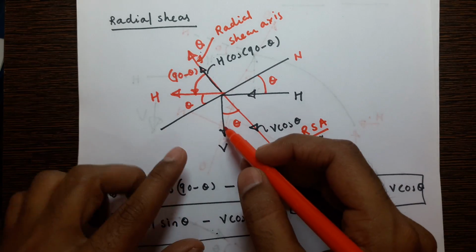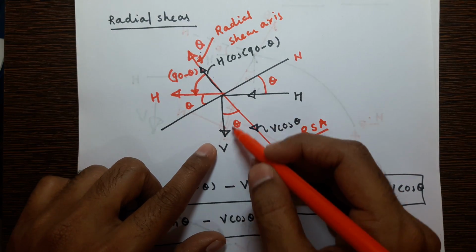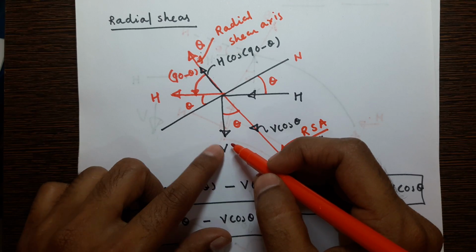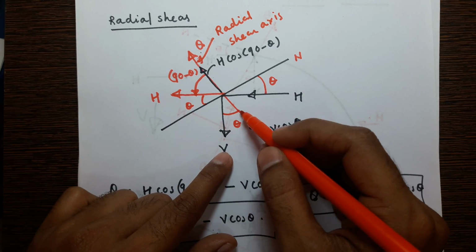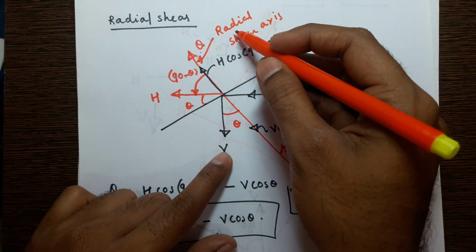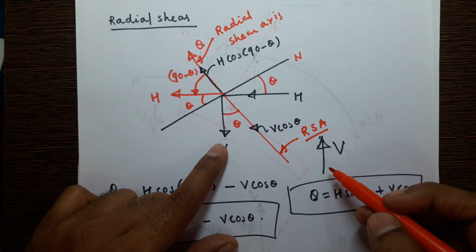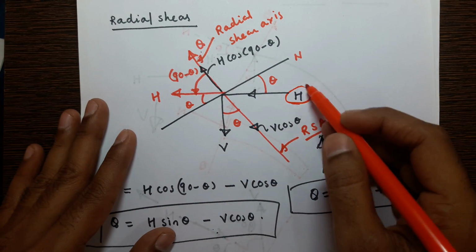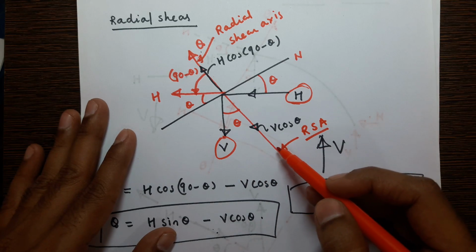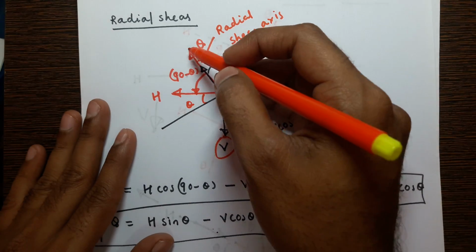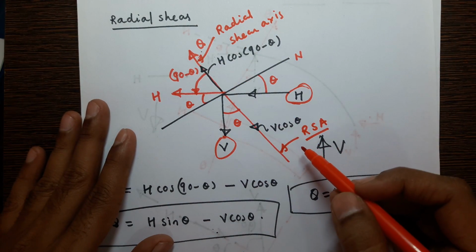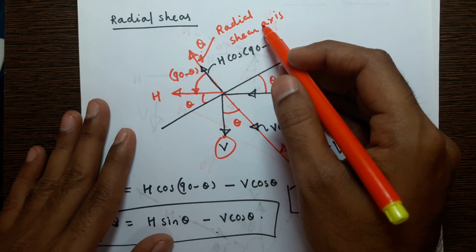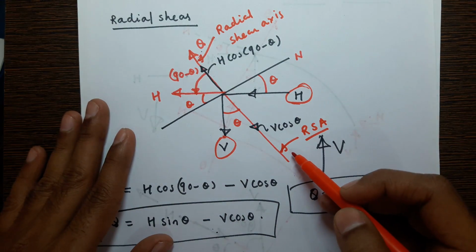Now see here, vertical shear V makes angle theta with respect to the radial shear axis. What we have to do here is resolve this H and this V in the radial shear axis direction.